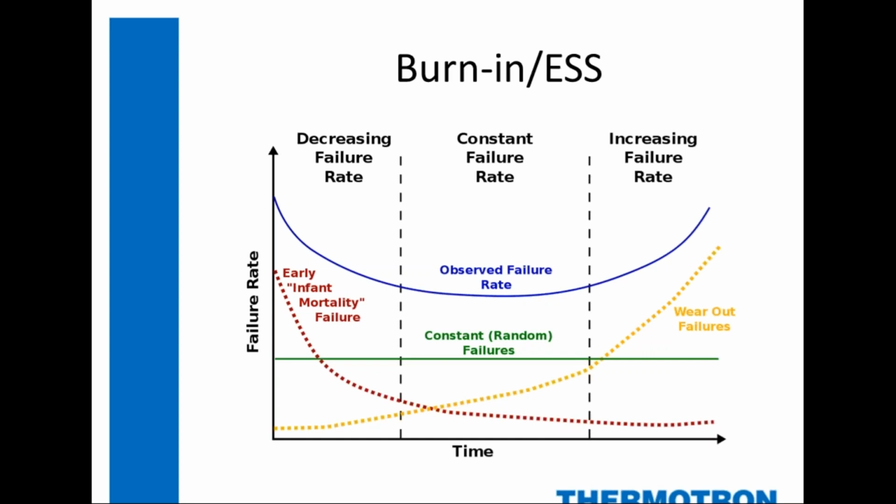The type of testing that we've talked about so far is generally done in the design phase or R&D. There's another type of testing that we get involved in called burn-in, or ESS, which stands for Environmental Stress Screening. This is normally done on production products that are being produced and shipped out to customers.